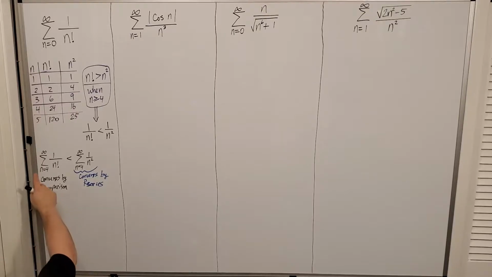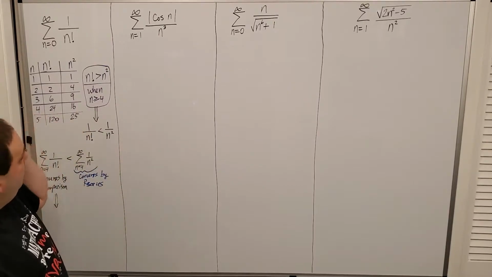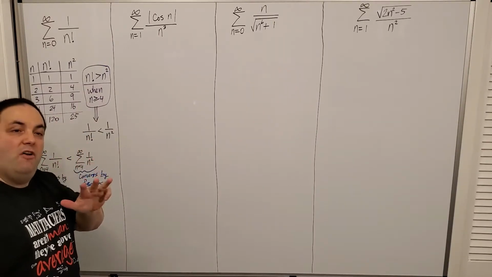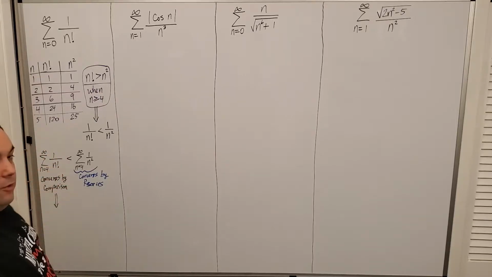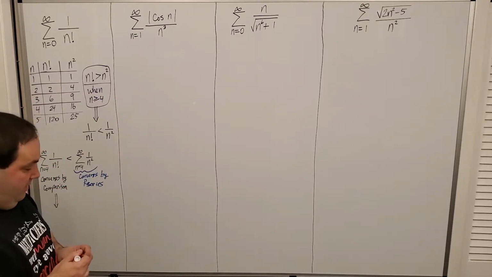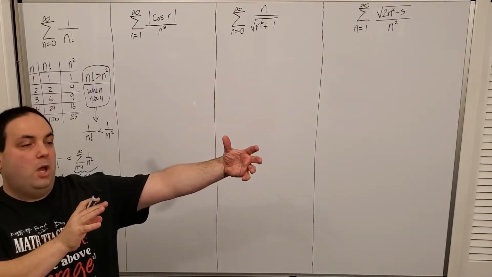Now that I know that this converges by comparison, I didn't do my whole series, right? I have to add in n equals 0, n equals 1, n equals 2, and n equals 3. I left off 4 of the terms when I talked about this series. But still, this is convergent, so it converges to some number.